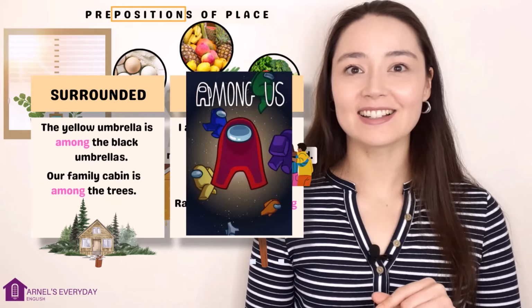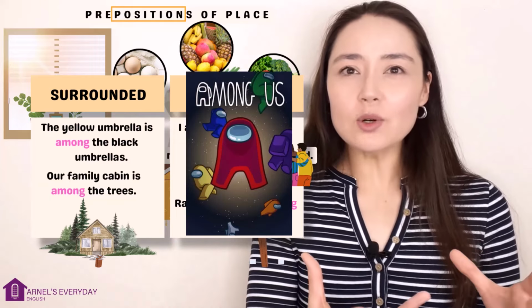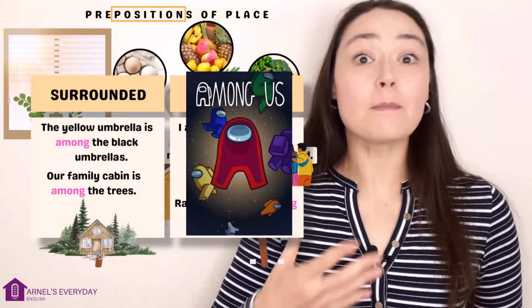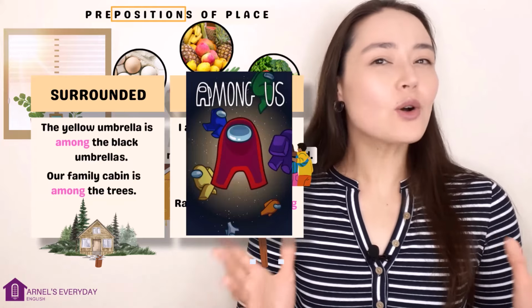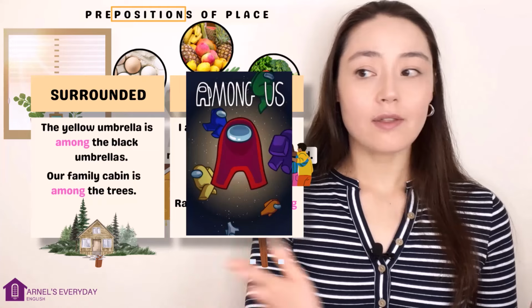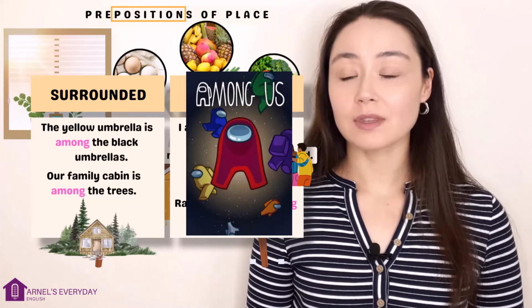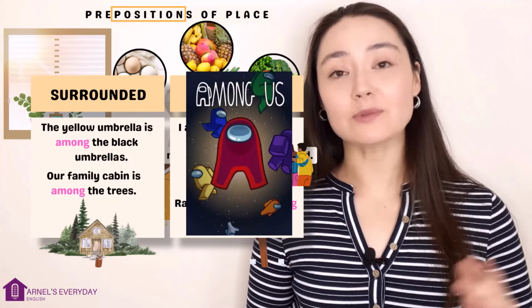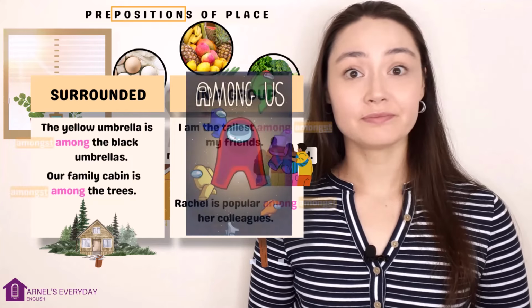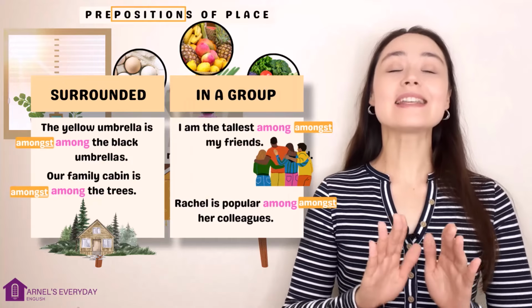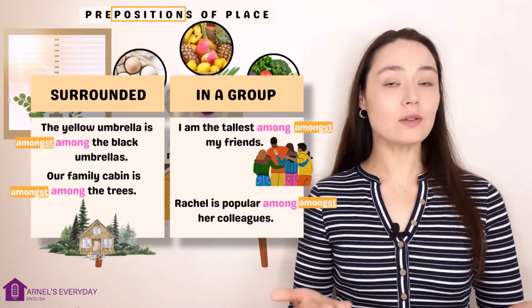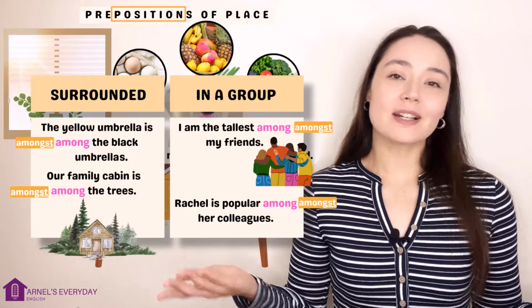In a group, one character is a bad guy, but you don't know who it is. So, there's a bad guy among us. I've never played the game, but that's what people tell me. Amongst the preposition is the same thing. You can use amongst. It's just less common.